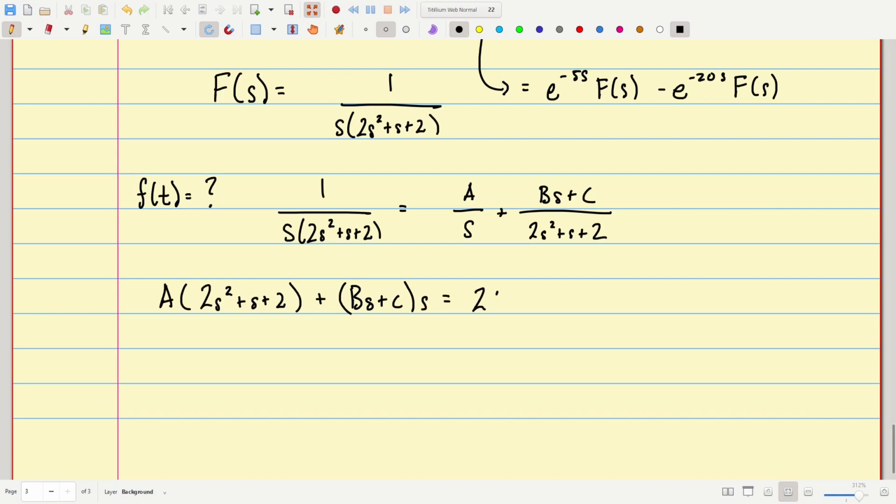Expanding everything out, sorry, I'm going to be clever and try to do this all at once. Dangerously. All right. So the first thing that I'm looking for is the stuff that's going to have s squareds in it, which is going to be a 2a and a b. The second thing that I'm going to look for is the stuff that's going to have s's in it, which is going to be an a and a c.